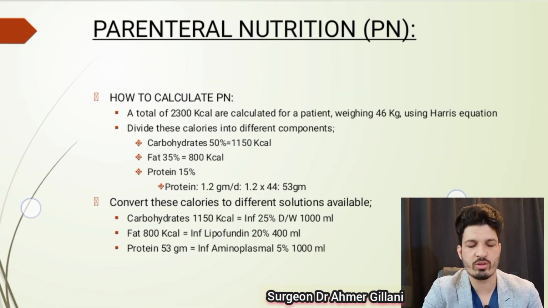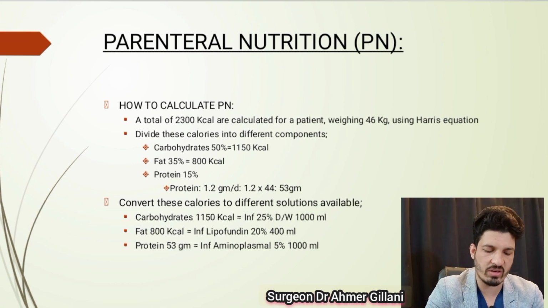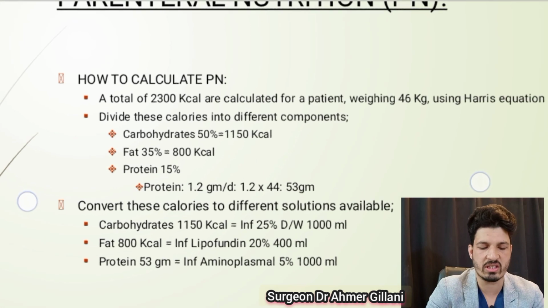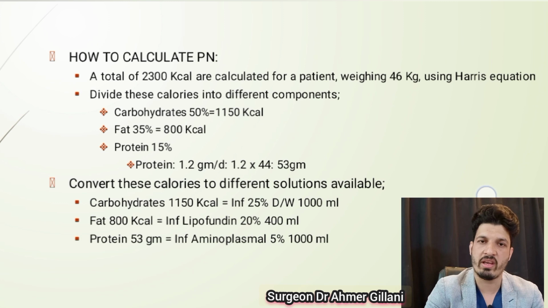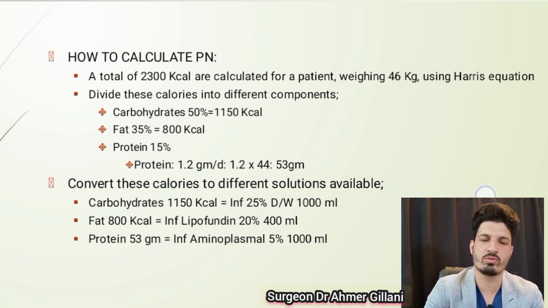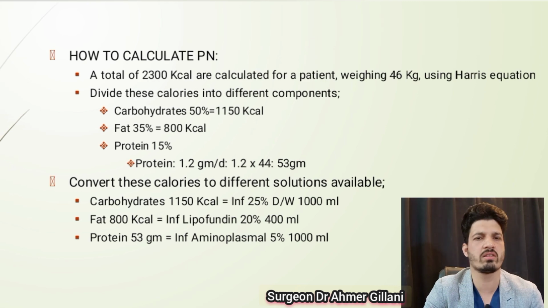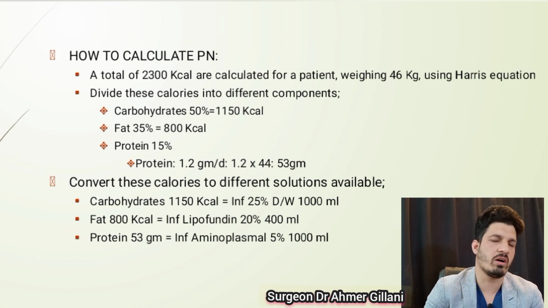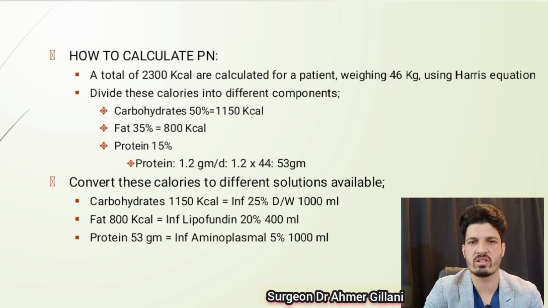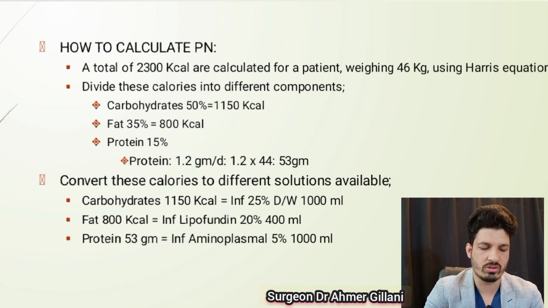Now parenteral nutrition, how we will calculate: a total of 2300 kilocalories is calculated for a patient weighing 46 kg. Here I am not choosing the weight 70 kg because a 70 kg person will definitely be healthy and will not need parenteral nutrition, enteral nutrition or nutritional support. So we are using the Harris-Benedict equation, and we will divide into three components.